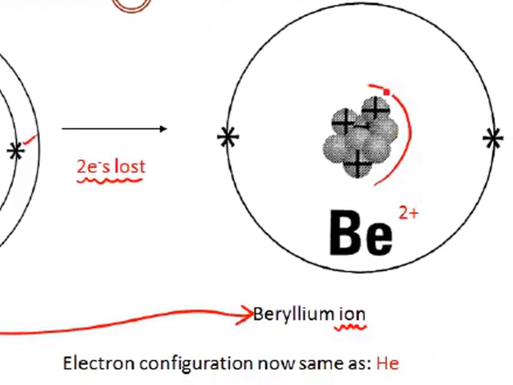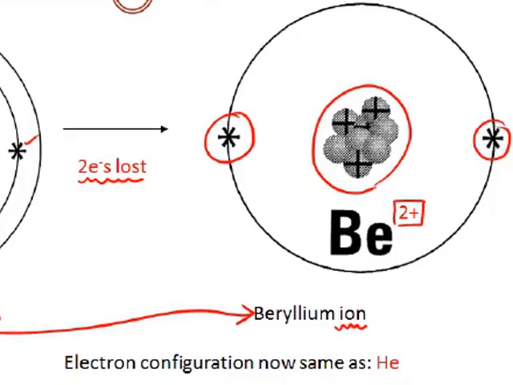Now we still have 4 protons in the nucleus. Every single instance of beryllium has 4 protons in the nucleus, otherwise it would not be beryllium. But now we only have 2 electrons spinning around that nucleus, and so we have 2 more protons than electrons. The charge of the beryllium ion is 2+.